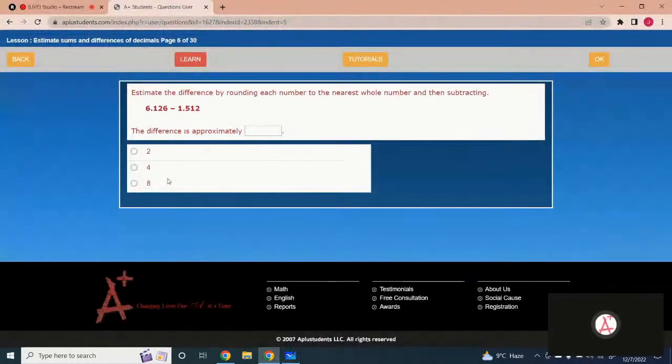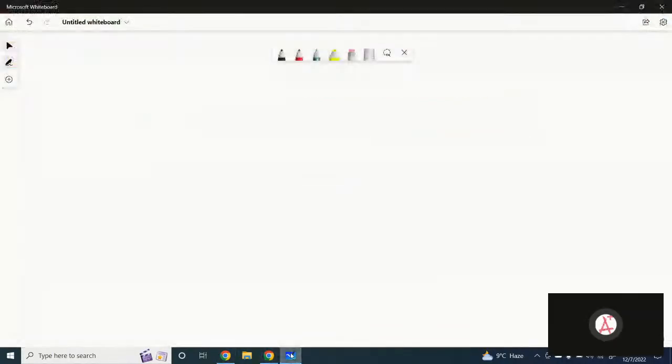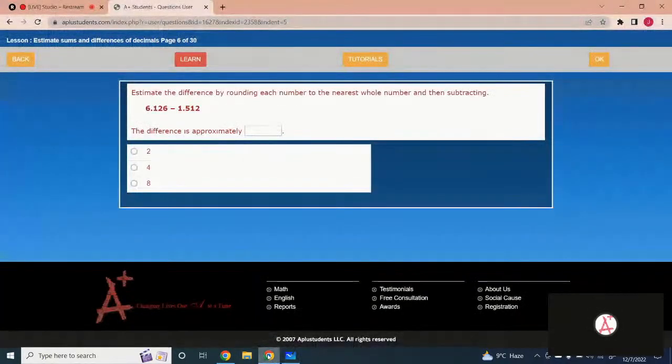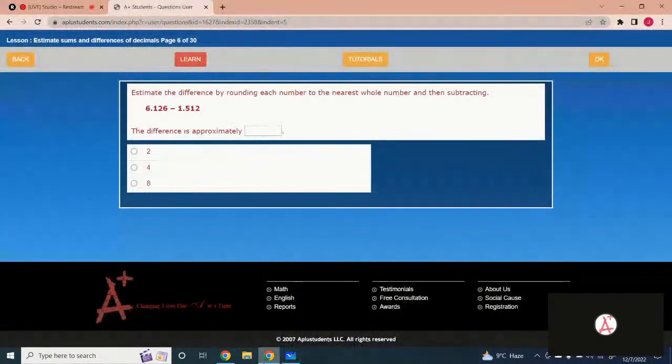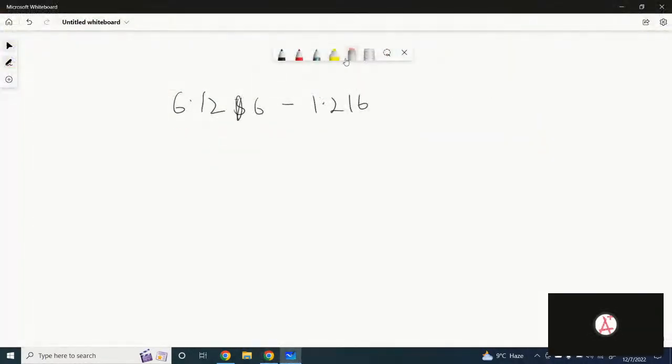Okay, 6.126 subtract 1.512. So which is the correct option?